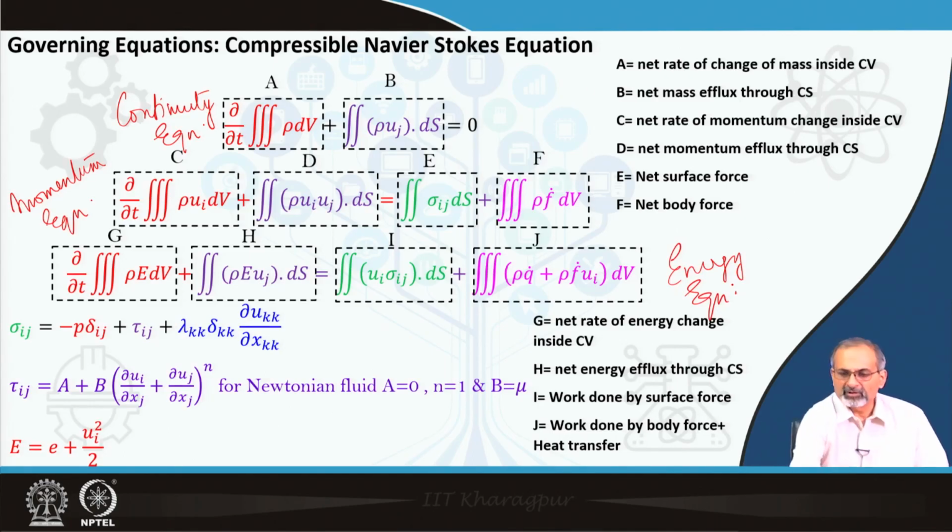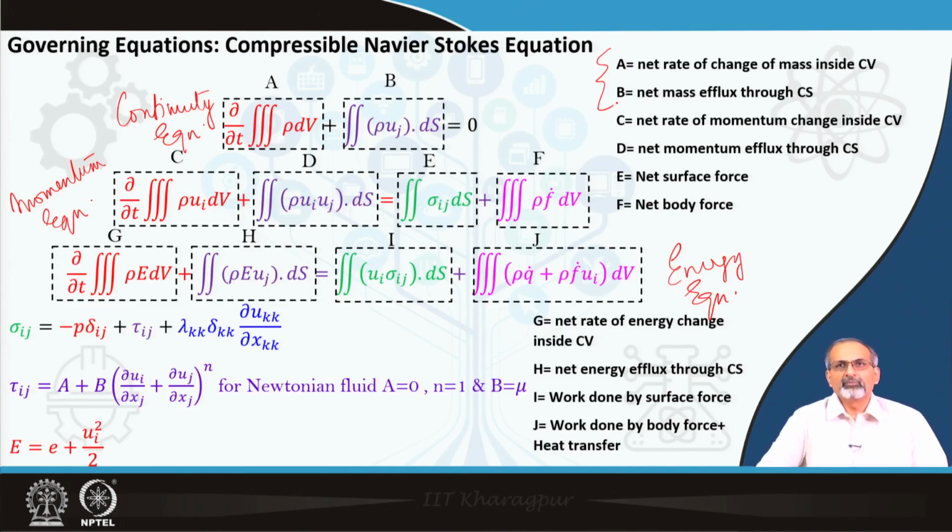Term by term, if you notice, the terms A and B figure in the continuity equation. The A term signifies the net rate of change of mass inside the control volume. The B term shows the net mass efflux through the control surface. So, one is a volume integral, the second is a surface integral.